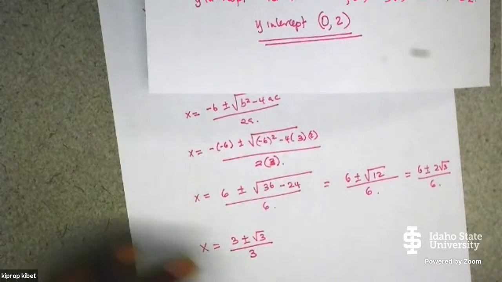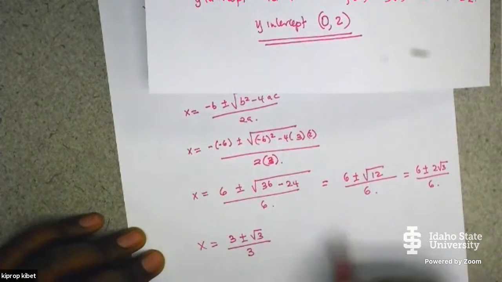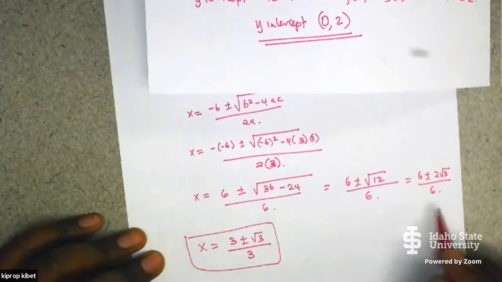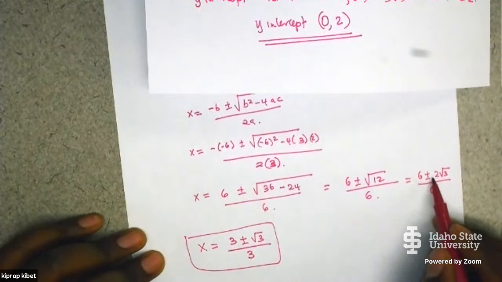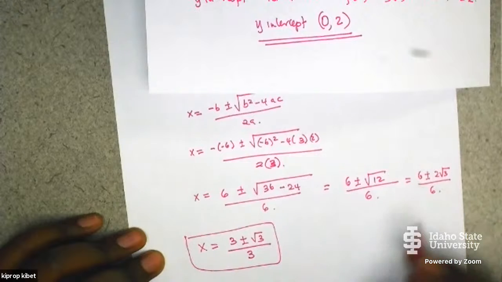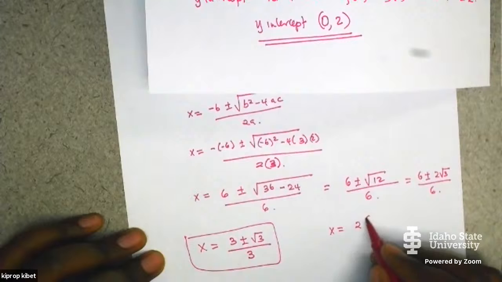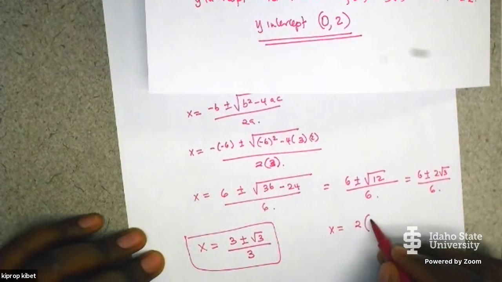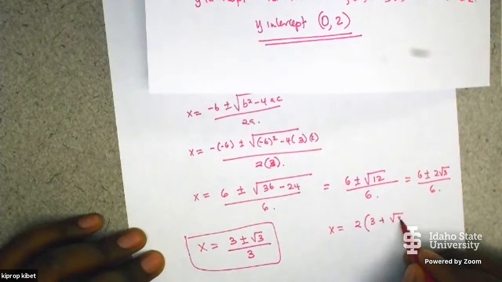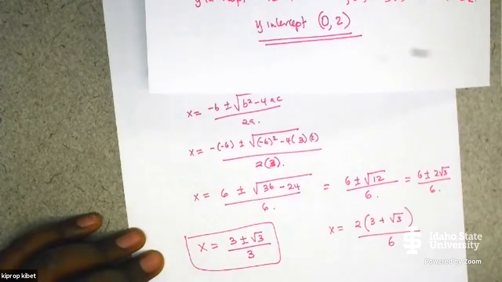I did it very fast, right? So here, let's factor out 2. So if we factor out 2, then our x equals 2 times 3 plus or minus the root of 3, all over 6.